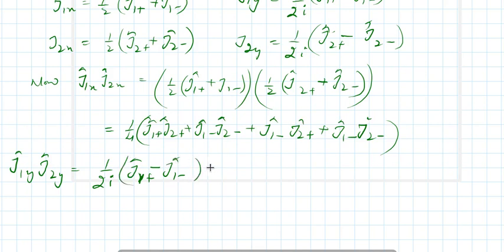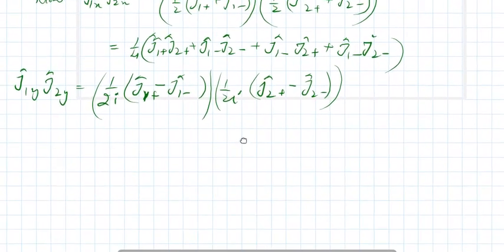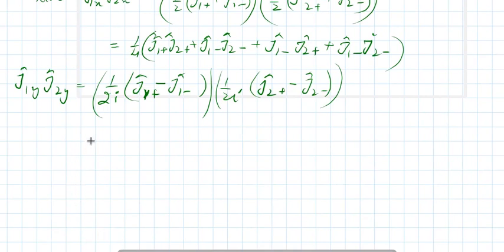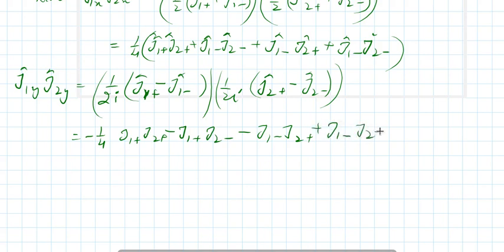So this is this, and 1 by 2i (j2 plus minus j2 minus). This is minus 1 upon 4 (j1 plus j2 plus minus j1 plus j2 minus minus j1 minus j2 plus plus j1 minus j2 minus).